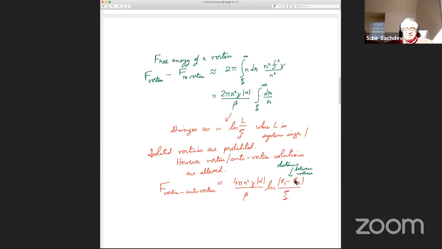If you go far enough away from a vortex anti-vortex pair, it looks like no vortex because there's no net circulation. So there's no contribution out at infinity. That falls off as 1 over r squared. So you expect the log to be cut off at roughly the spacing between the vortices. So this then has a finite energy.